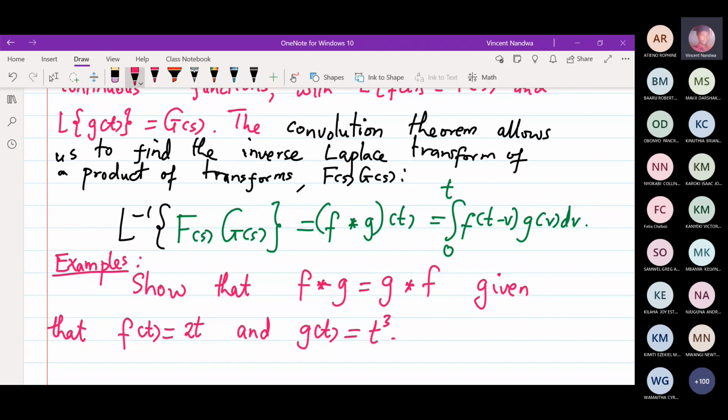In this problem, we have been asked to show that the convolution of f and g is the same as the convolution of g and f, where f is given by 2t and g is given by t cubed.